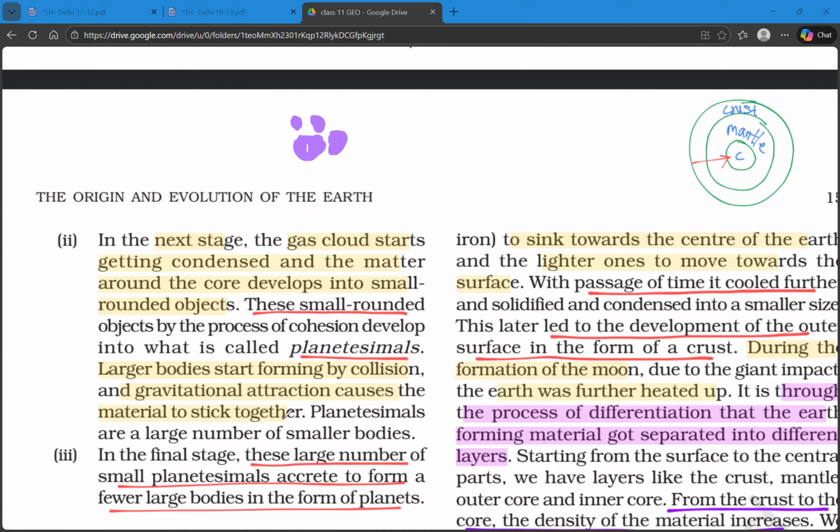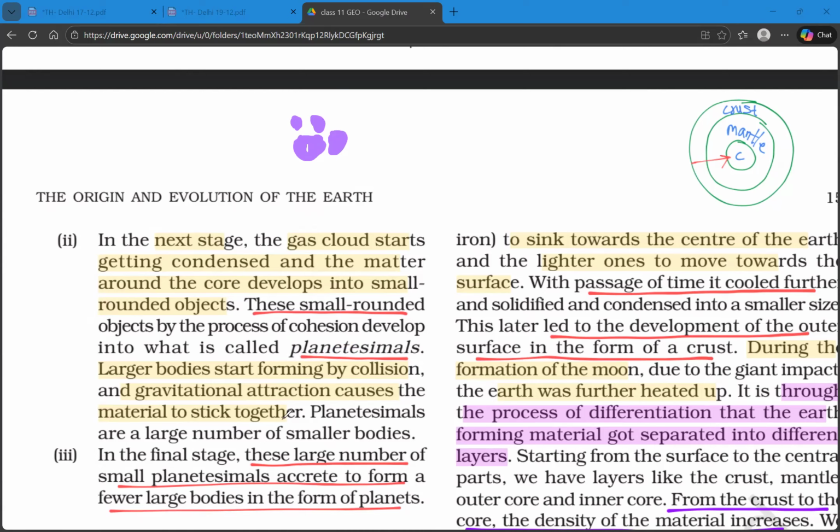So after the planetesimals are formed, larger bodies start forming by collision, and gravitational attraction causes the material to stick together. Planetesimals are a large number of smaller bodies. And in the final stage, this large number of small planetesimals accrete to form a few larger bodies in the form of planets.